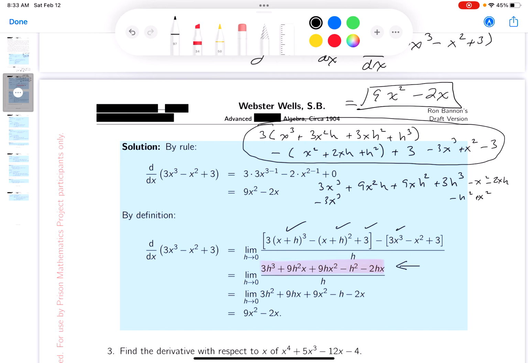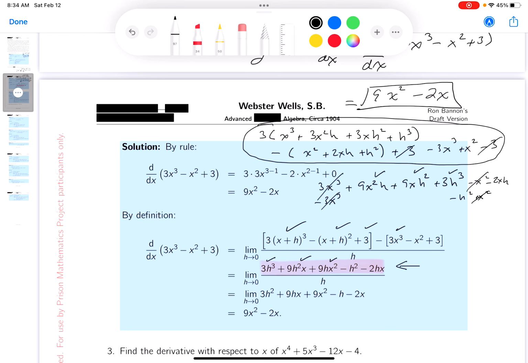I forgot to put the 3 down, but I see that canceling anyway. Let's see what we get. Nothing. So let's see if we get what we said we were going to get. 3h cubed, I see that. 9h squared x, I see that. 9x squared h, I see that.